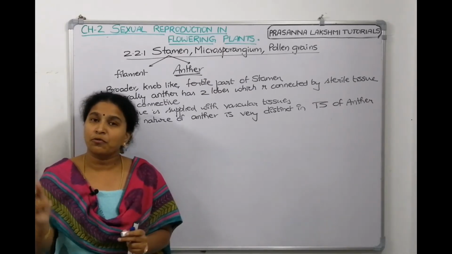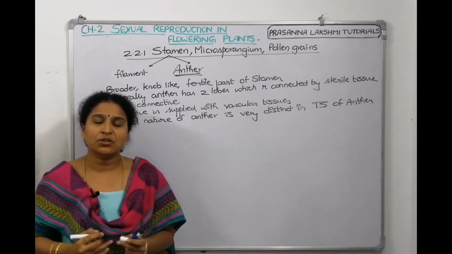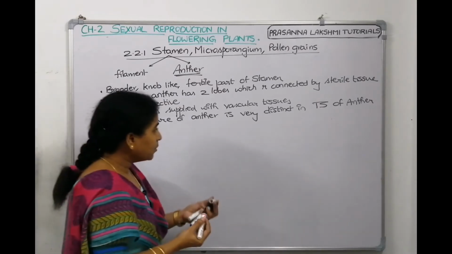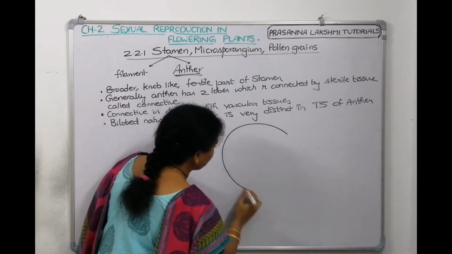That we will see on the board, we will draw the diagram. And when we see the transverse section, we can tell that anther is four-sided, right? So let us make the diagram of the transverse section of the anther.